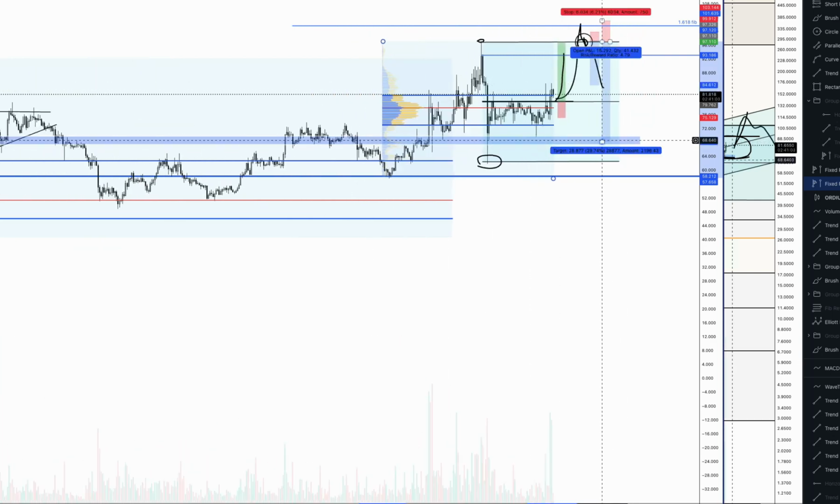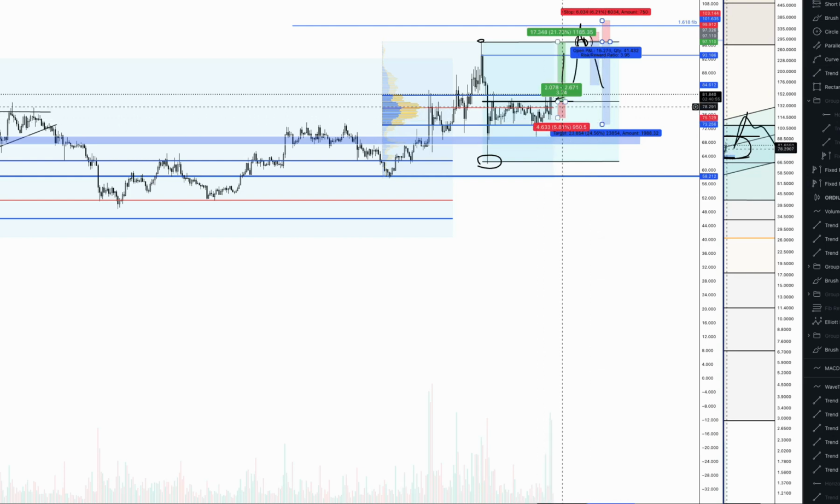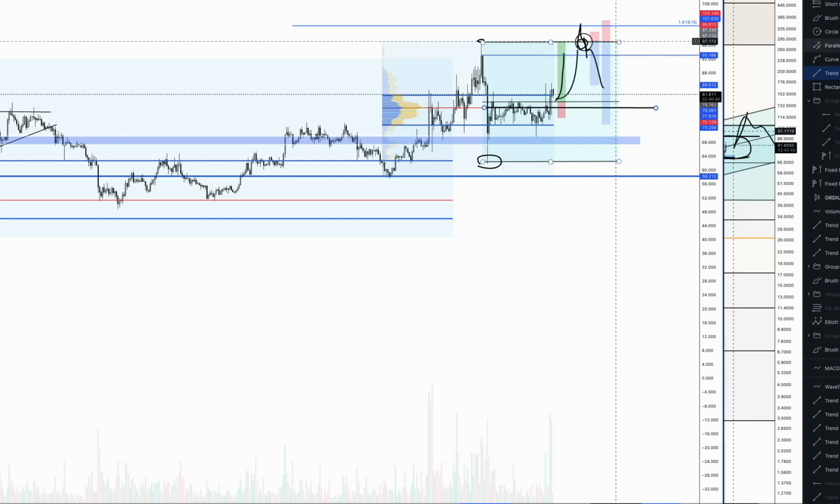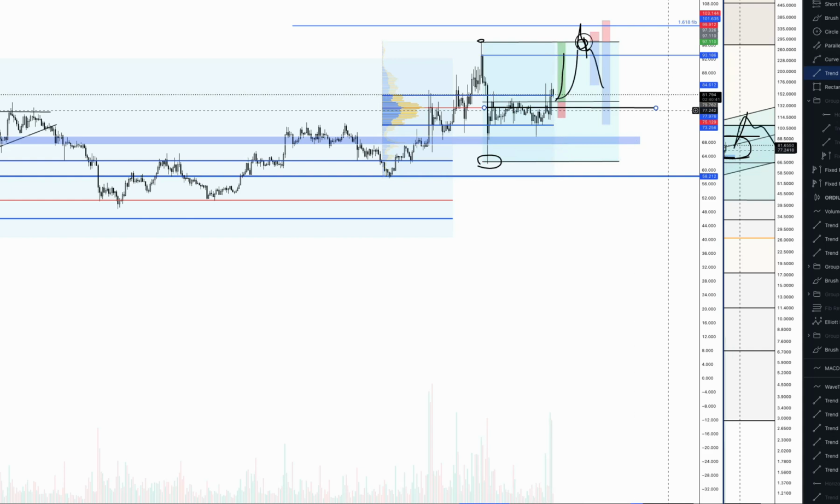So if price was to come down, we'll be seeing that level, potentially that level as support, or furthermore around here as well. But that is resistance. We've got the point of control right here. We've got two levels. One is the top to the bottom 50% range, which is exactly resistance, so it should act as support.